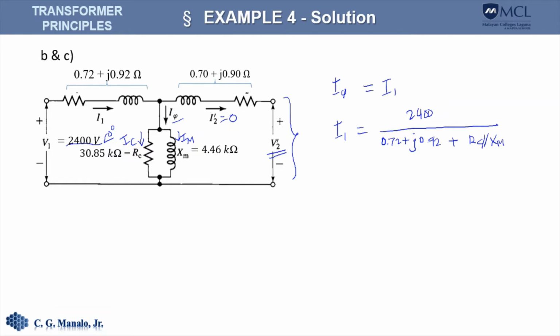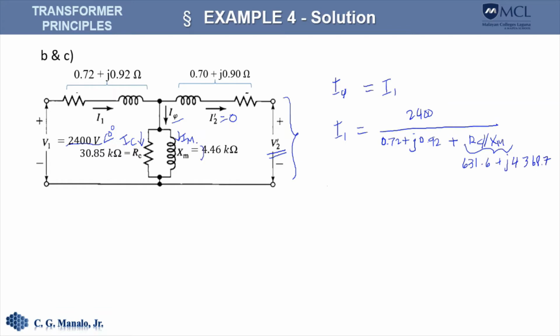Okay, so what is this parallel combination? So that would be 631.6 plus j.